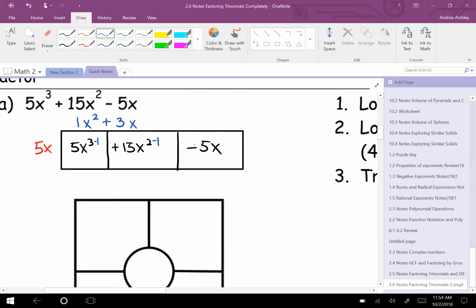And then negative 5 divided by 5 is negative 1, and I take away the x, and there's no more x's left. So I have 5x times x squared plus 3x minus 1.